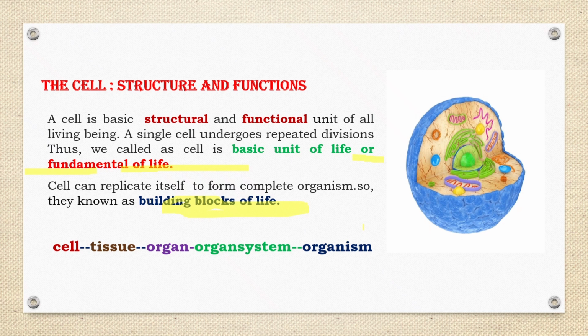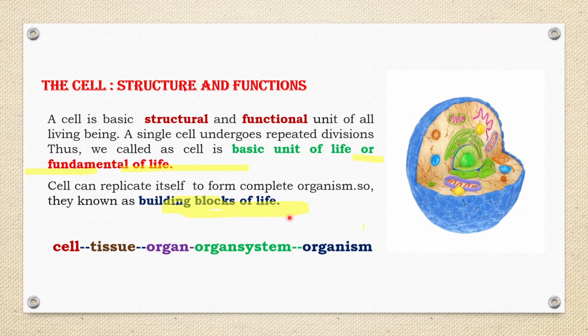Okay. Another question, asked many times: why is cell called the building block of life? Understood? Because when you were a toddler, you played a building block game. What you do is join one block to another and form a complete, big building.